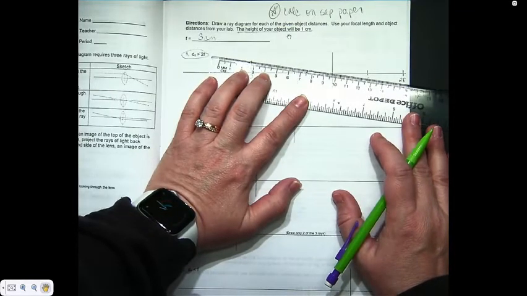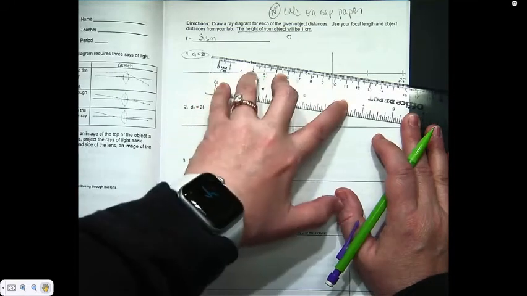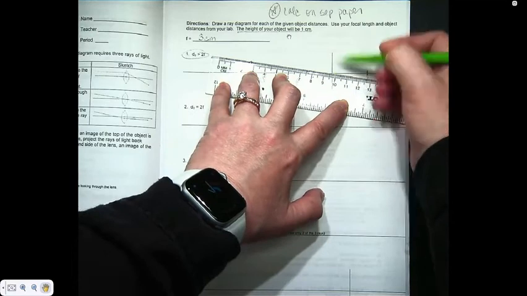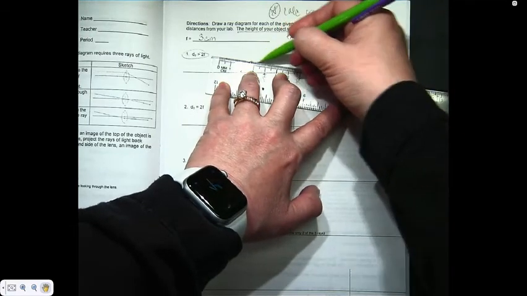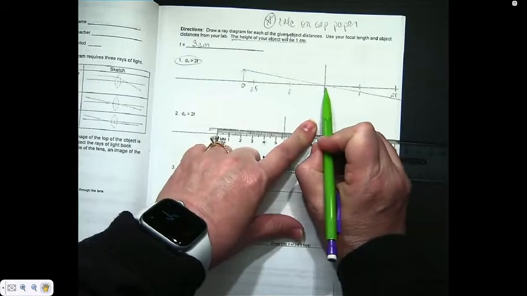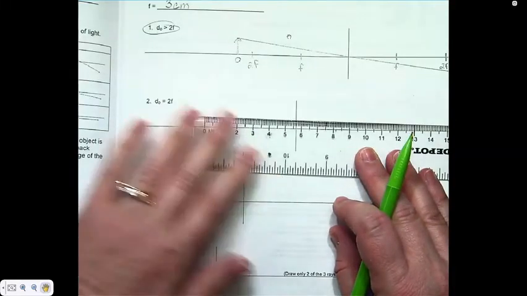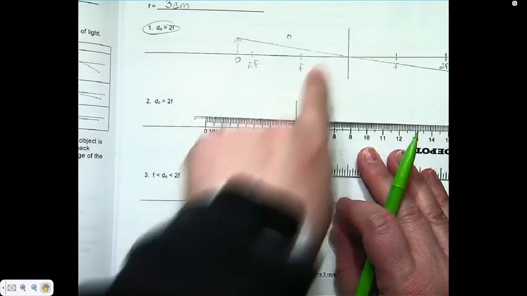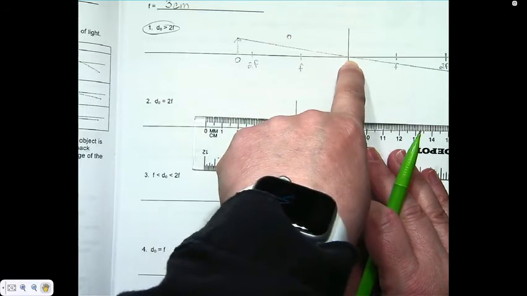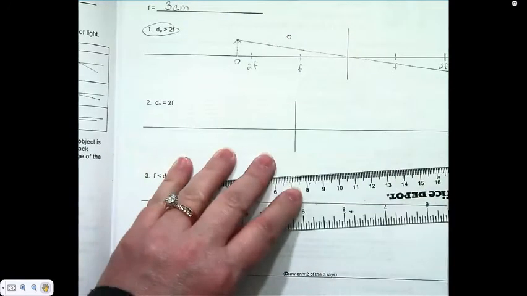I draw this one first because it's straightforward because you know how to draw it, but it can be challenging to get it to pass directly through where the principal axis crosses the plane of the lens. And if we look at this, I'm definitely over to the right just a little.